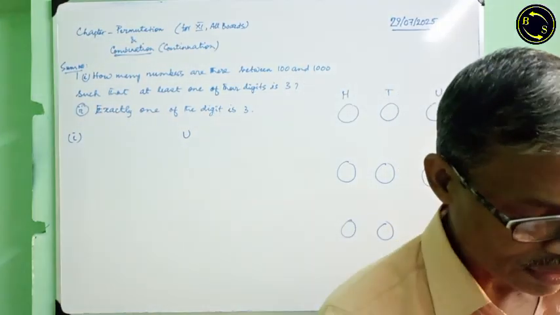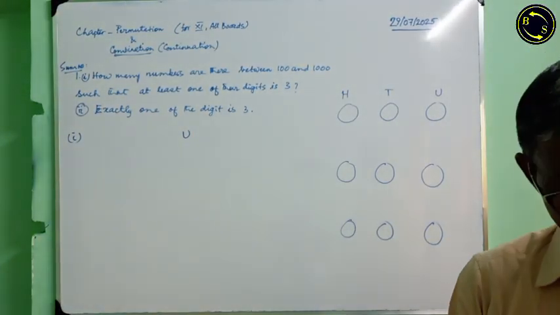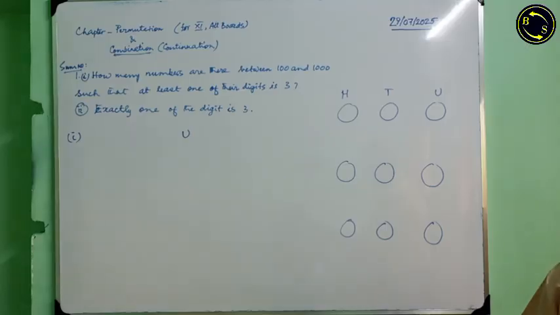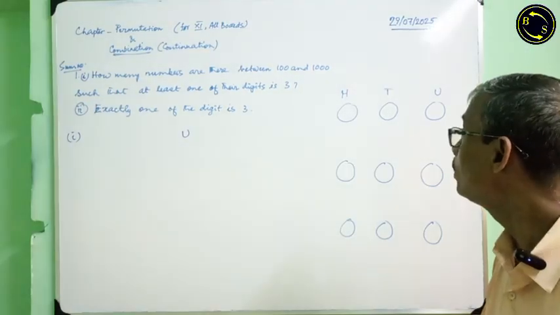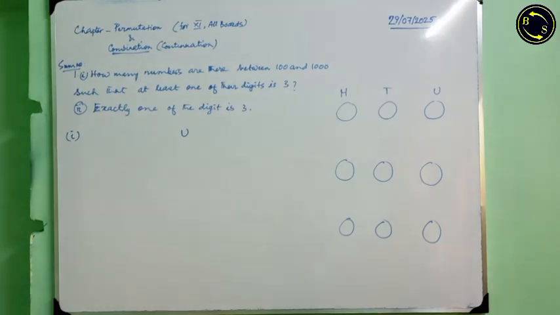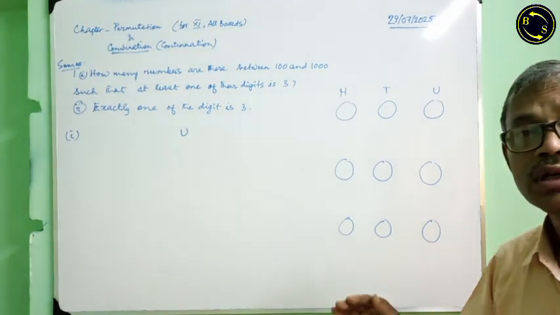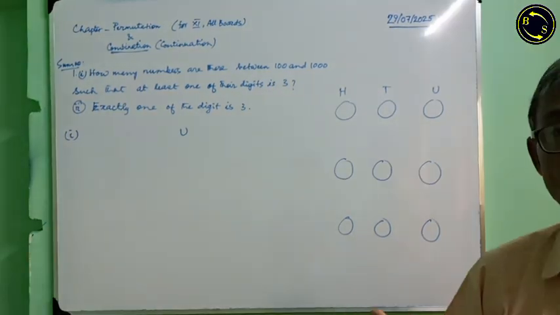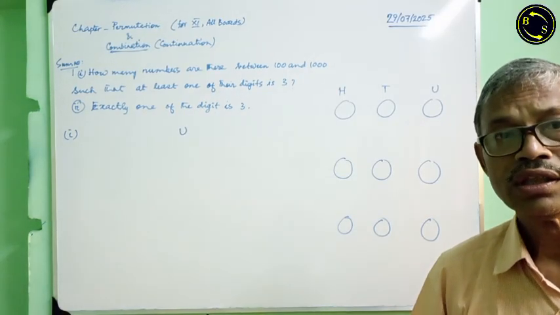In the first case, there will be at least one 3. That means each of the number may have 1 or more than 1 3's.